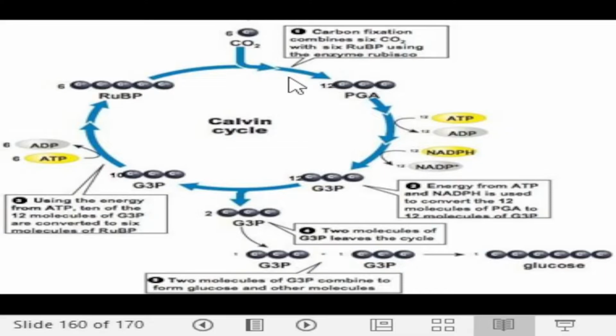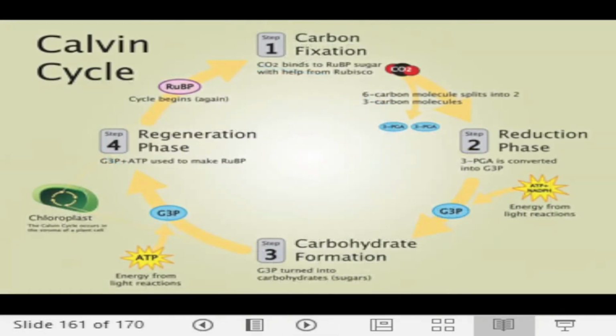So what happens here is that RUBP carboxylase or Rubisco will fix the carbon from carbon dioxide to RUBP, forming a 6-carbon compound which is unstable. This unstable compound will easily split into 2 molecules of PGA. Alright, so that is step number 1.